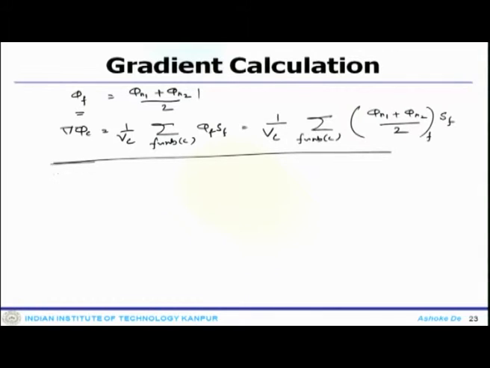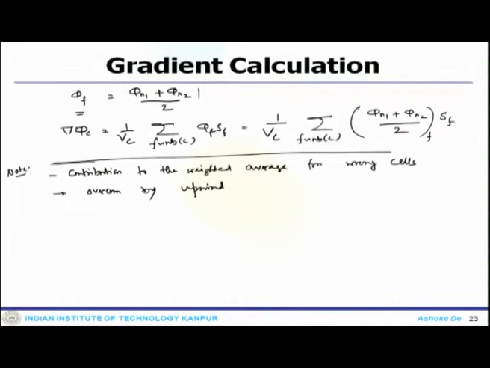So essentially, you can note there could be some contribution to the weighted average from wrong cells. That is possible. If that happens, it can be overcome by some upwind biased gradient calculation.